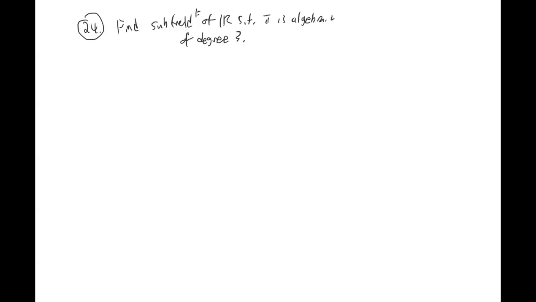But being transcendental over Q, it's possible to be algebraic over a different field. So obviously F cannot be Q, because I just told you pi is transcendental over Q. So you need something bigger.